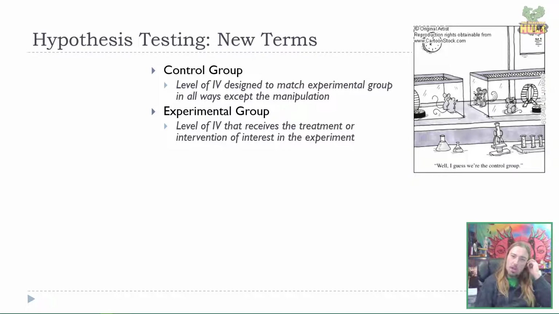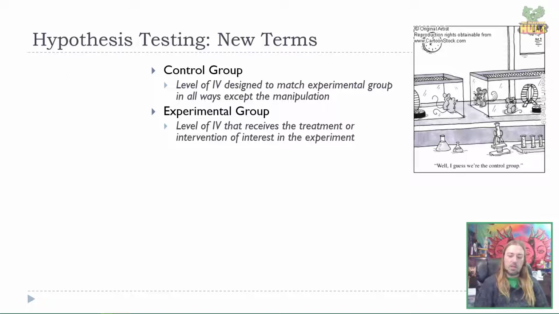And so our hypothesis would be that the experimental group would, on average, have better memory for a word list than the control group, because I believe that caffeine would lead to an increase in encoding and retrieval of those words, and thus better memory performance on average.